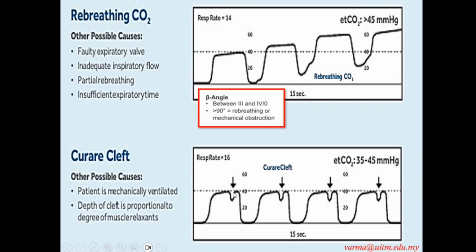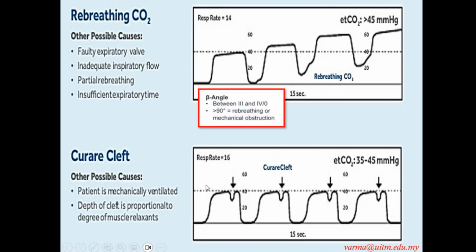That is the cleft. It shows the patient is trying to breathe. The depth of the cleft is proportional to the degree of muscle relaxation reversal. If it is deeper, it means the patient is more awake, regaining muscle function as the relaxation is being reversed.